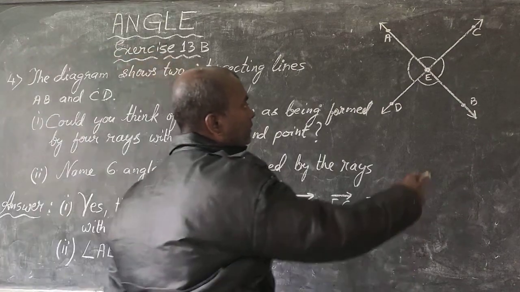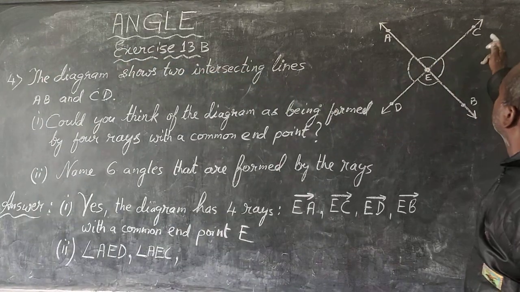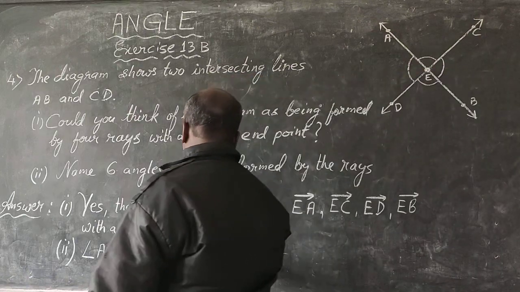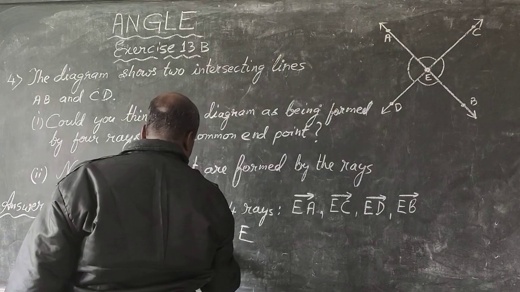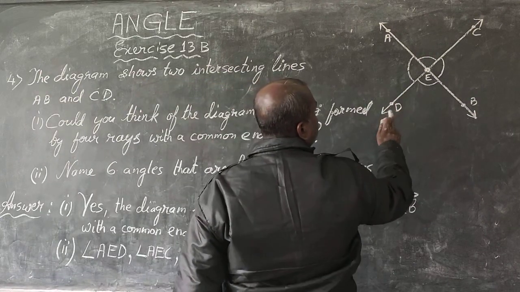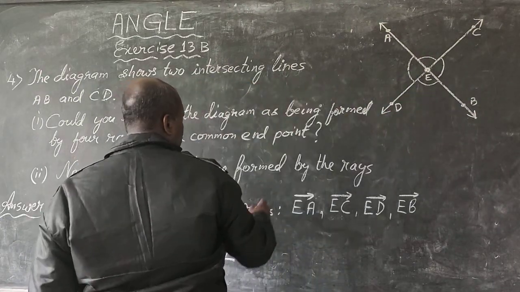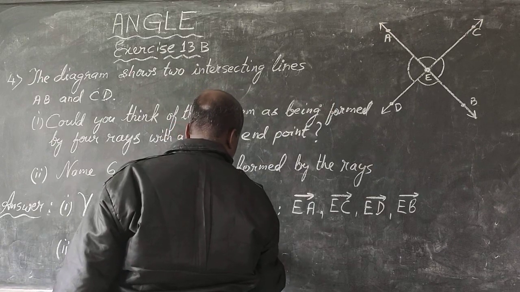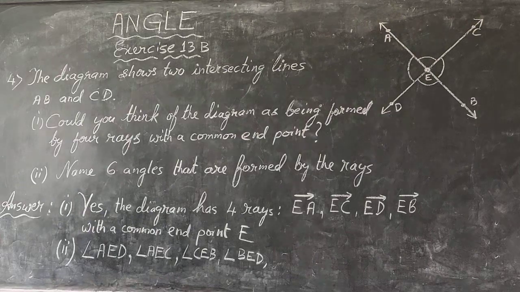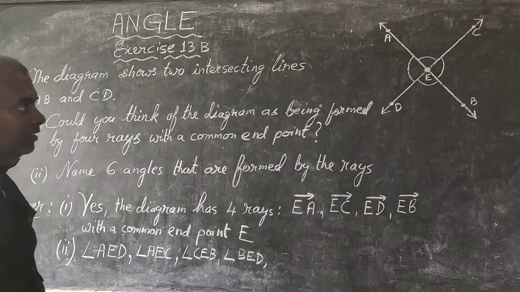Okay, third angle is this angle CEB or BEC. The fourth angle is this angle BED or DEB. Remember to give the angle symbol for all of these angles. Okay, now the straight angles.